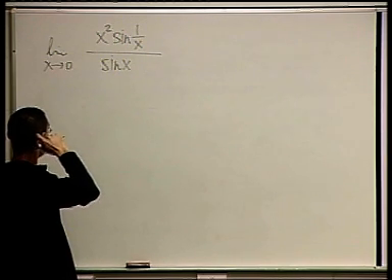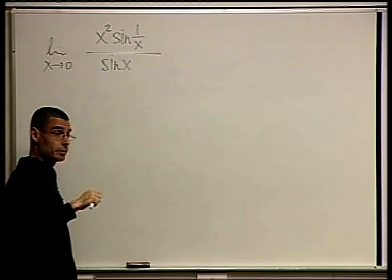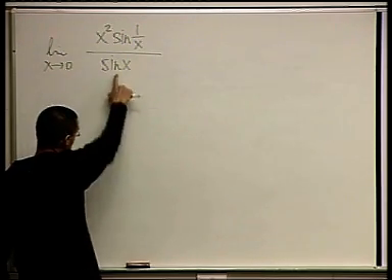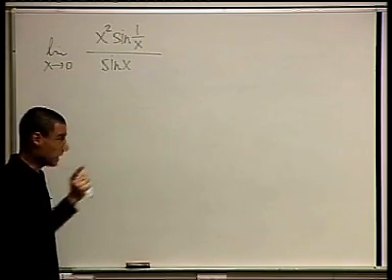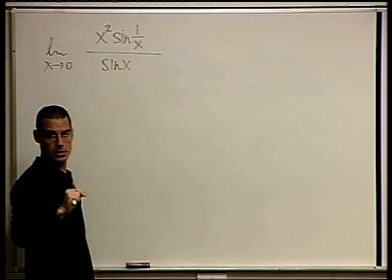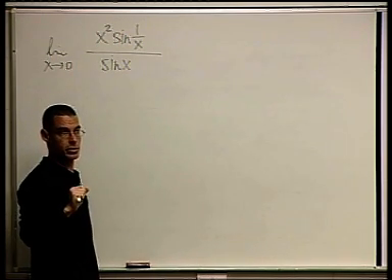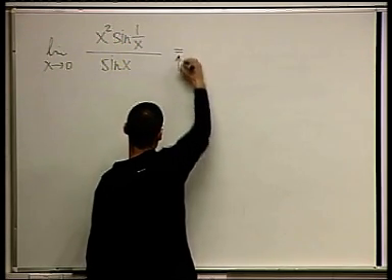First of all, do you agree that this is a 0 over 0 situation? Why is that true? The bottom goes to 0, obviously. What about the top? Right. It's a bounded function times a function that goes to 0. The product goes to 0. Right? So this is a 0 over 0 situation.